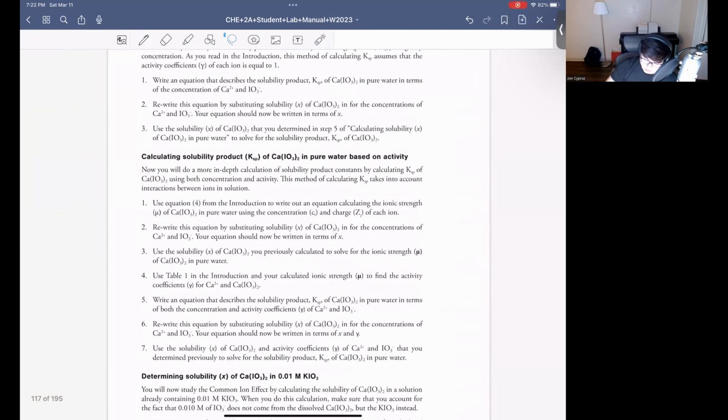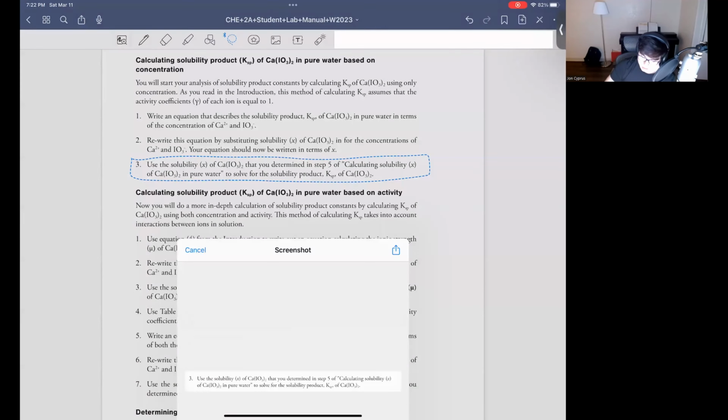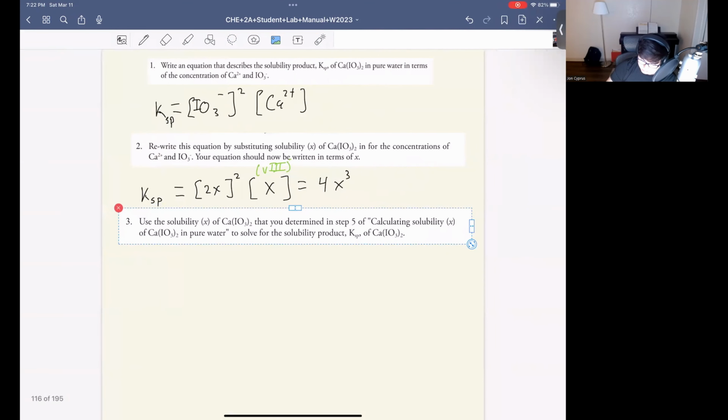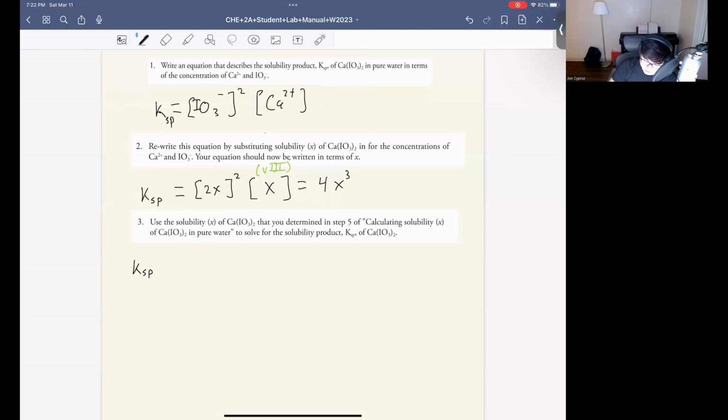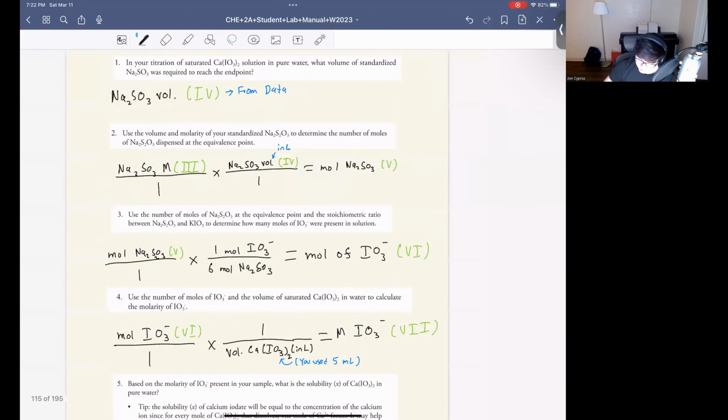We're just going to plug in the number. All we have to do is plug in the number here, right? And I should also note up here, X is equal to the concentration of calcium. That's all it is. And this is, again, from your step number 8 on the last page over here.